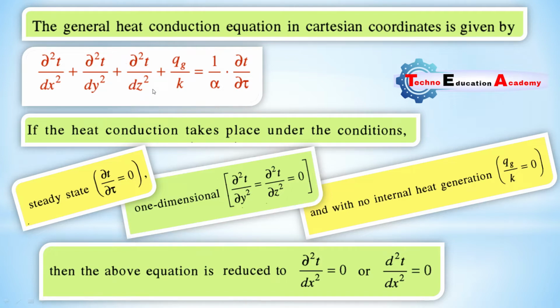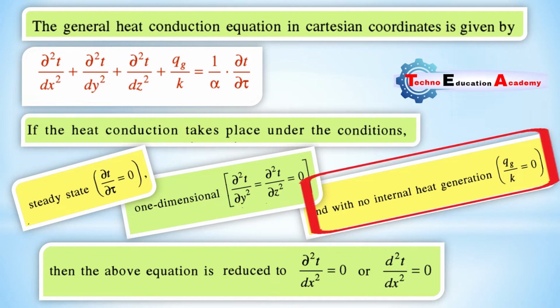We are also considering there is no internal heat generation, so this term will become 0. Qg, the internal heat generation, by K, the thermal conductivity, will become 0.